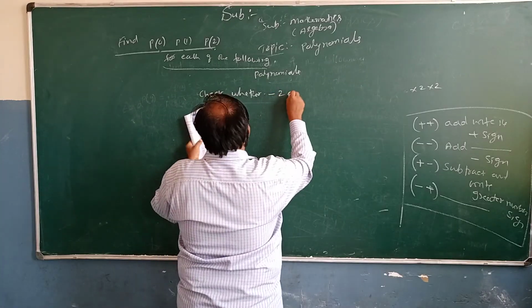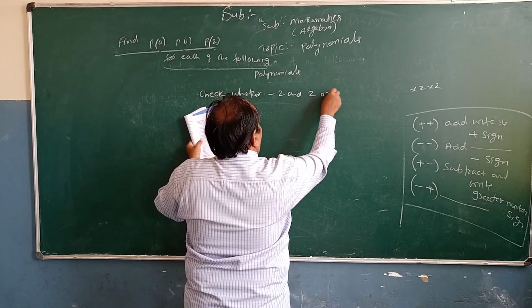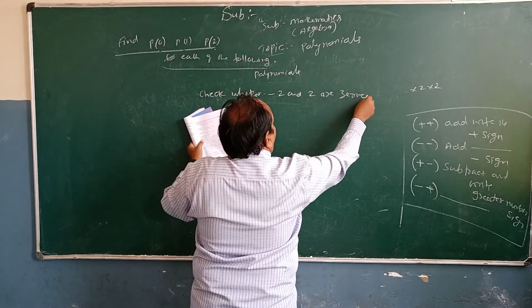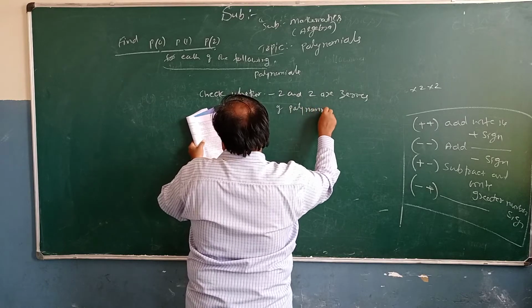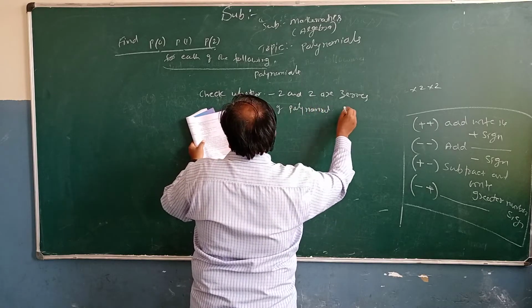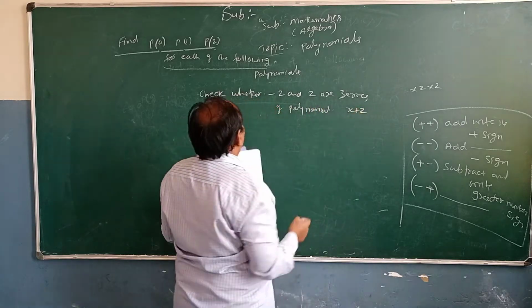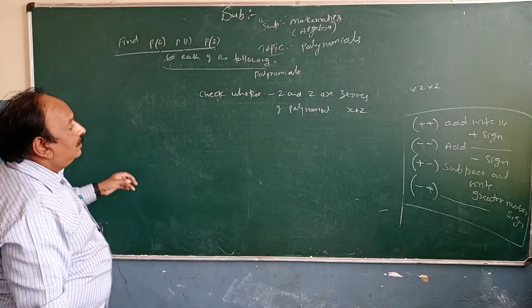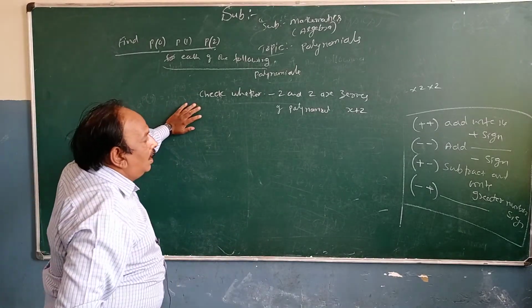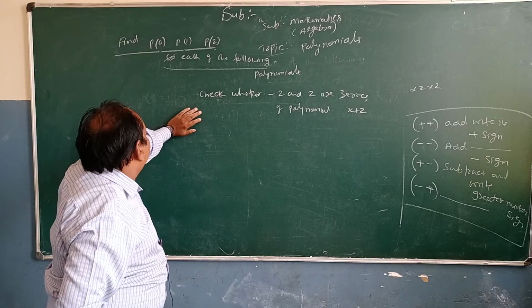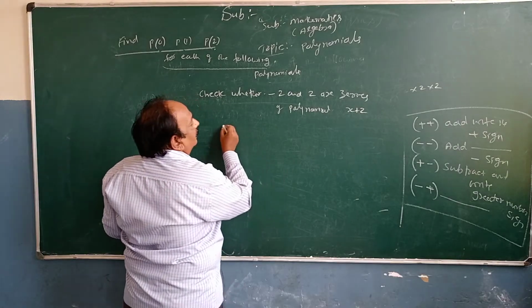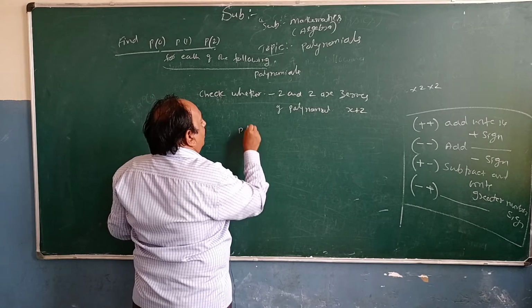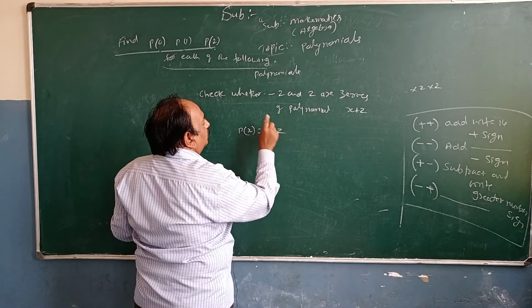Next we'll pass on to check whether minus 2 and 2 are zeros of the polynomial x plus 2. That is, polynomial of x is equal to x plus 2.